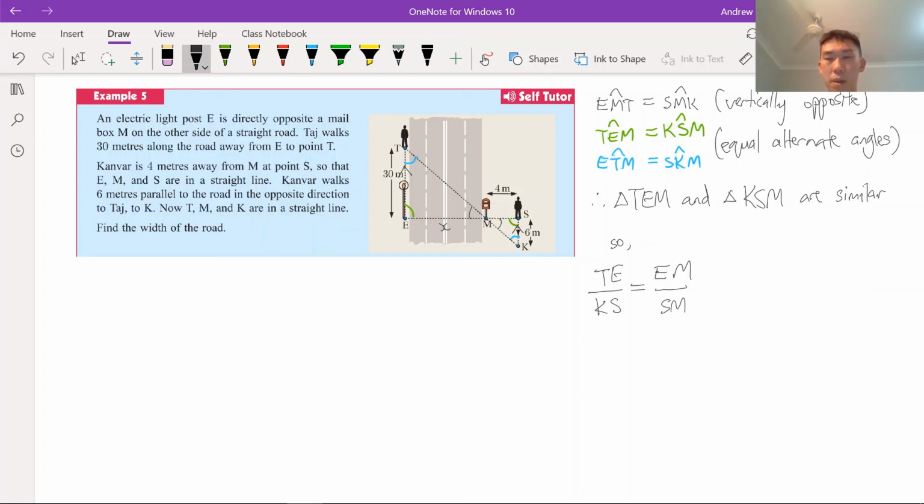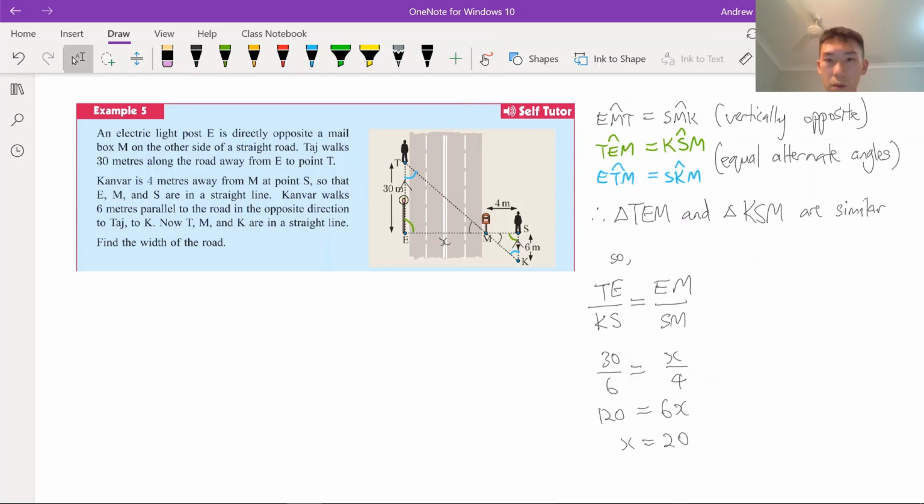SM. There we go. So let's sub in some numbers. 30 on 6 should be equal to X on 4. So 120 should equal, because 4 times 30, cross multiply. Save yourself some time. Okay. X should equal 20.